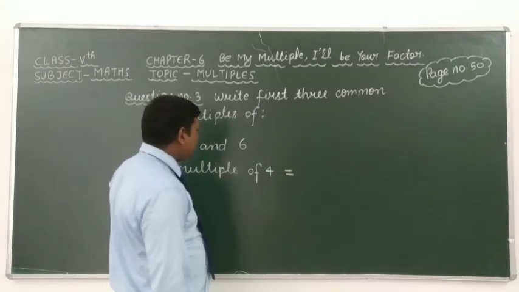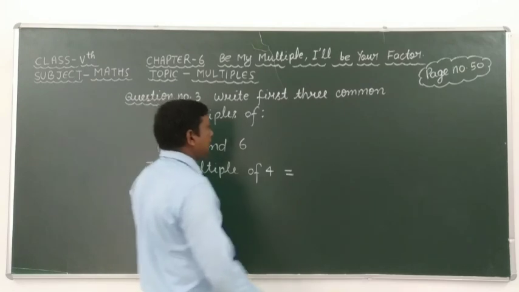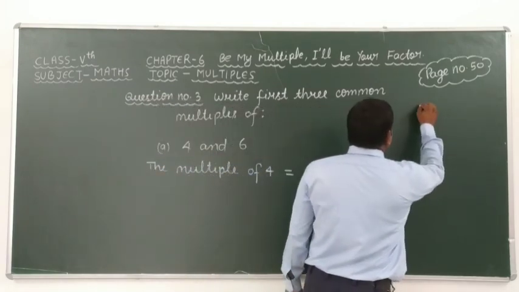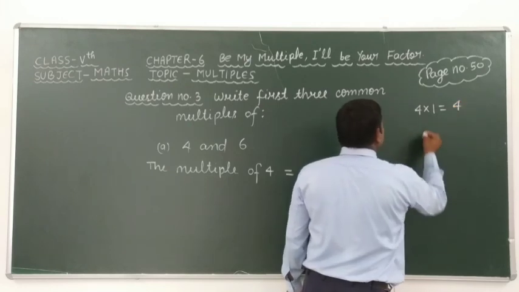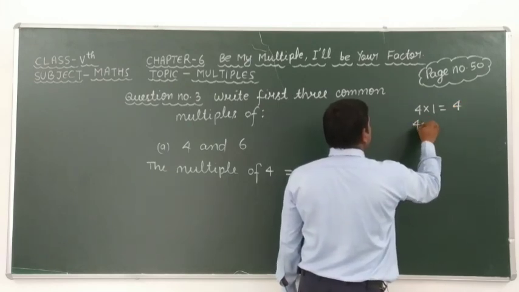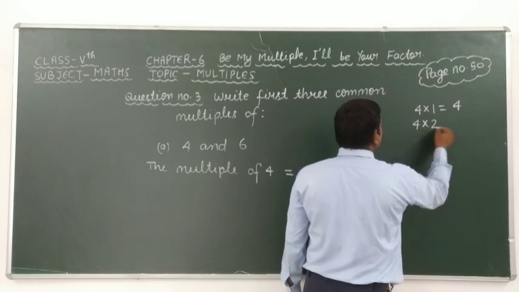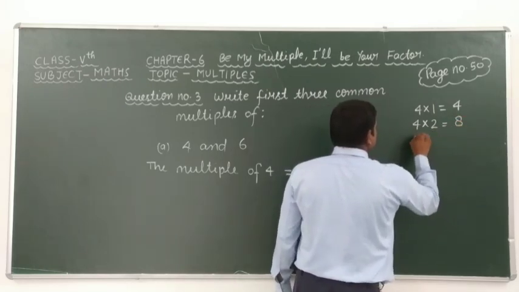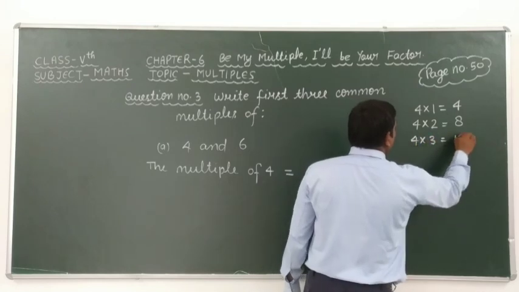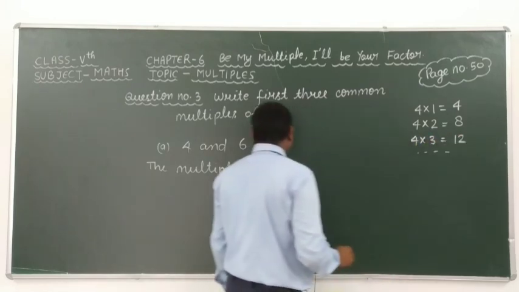Okay, look at here carefully. Firstly we take the multiplication of 4 and 1, then we get 4 1 is 4. Again we take the multiplication by 2 in 4, then we get 4 2 is 8. Similarly 4 3 is 12 and so on.